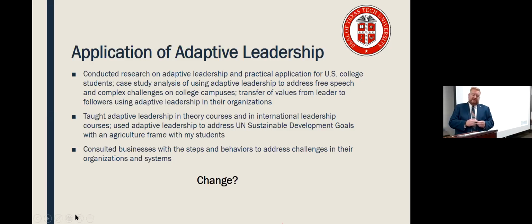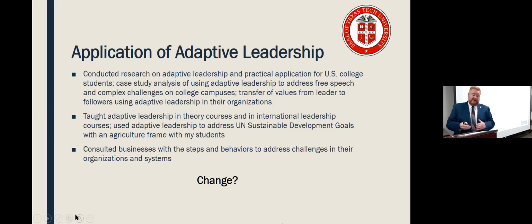And I've also used adaptive leadership research to show how our values, or our organizational or community values, what our communities might hold to be important, how that's transferred from leader to follower along the adaptive leadership process.